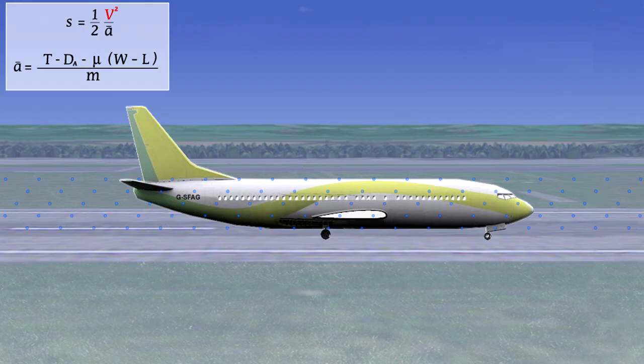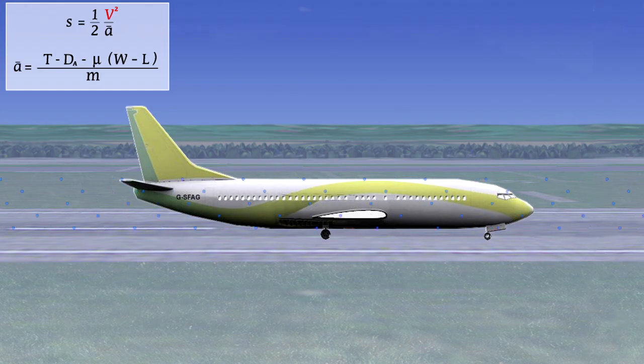The second effect of a reduced density concerns the takeoff speed. You will recall from an earlier lesson that in order to generate sufficient lift, a mass of air needs to flow over the aeroplane wing. If the air density is reduced, then that mass of air is reduced in any given volume.